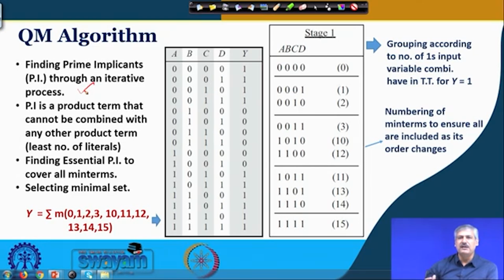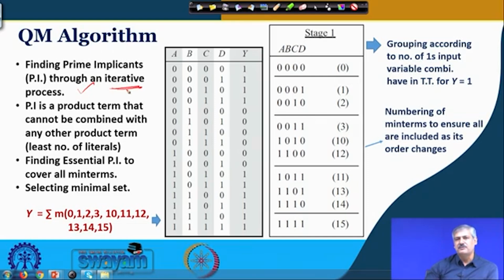So, that means prime implicants have this number of literals for the min terms they cover. This cannot be further grouped with other product terms, and then from that finding essential prime implicants to cover all the min terms of a truth table, and then from these findings getting a minimal set to represent the given function. So, these are the different steps.